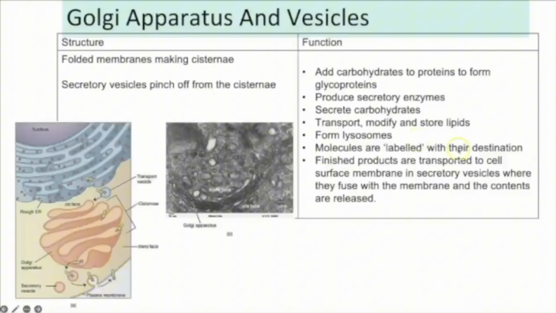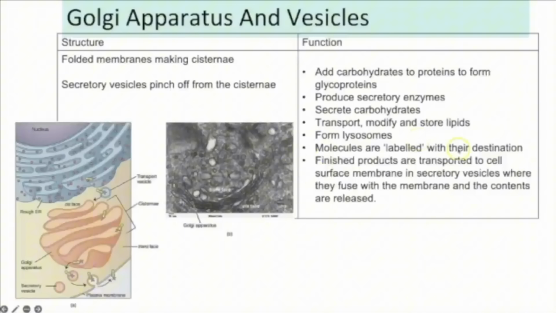Lysosomes. So we just said lysosomes can be created by the Golgi apparatus, and lysosomes are bags or vesicles of digestive enzymes. They can contain lots of different enzymes. Some functions include the hydrolysis of bacteria. So you have lysosomes fusing with phagosomes in phagocytosis.